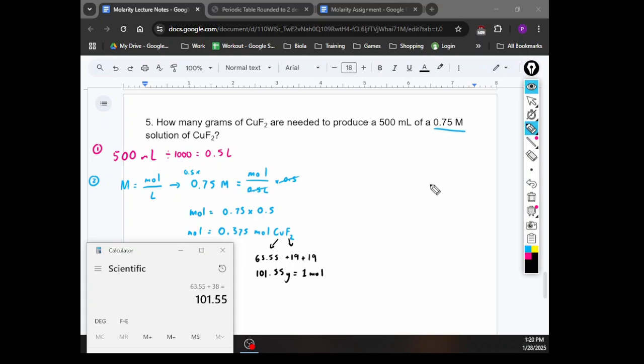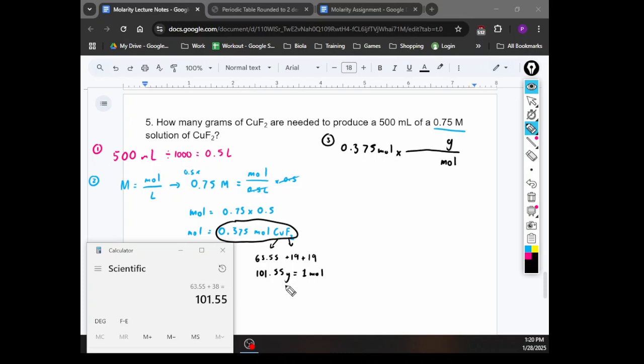All right, let's do our conversion now. For the last step, step 3, we're going to take the number that we got from step 2, 0.375 moles, and set up a fraction. I want to get rid of moles, so where should I put it on the fraction? The bottom. Whatever you want to get rid of, you put on the bottom, and then you put grams on the top.